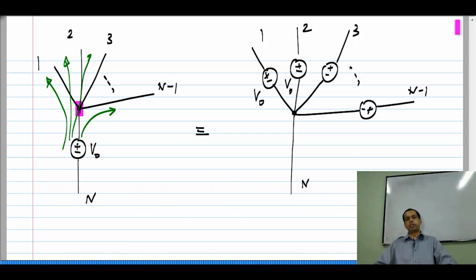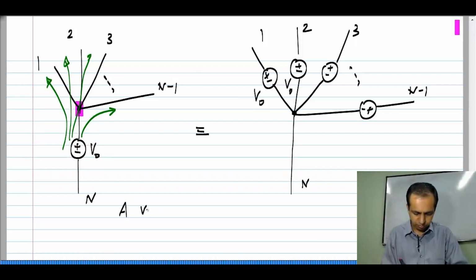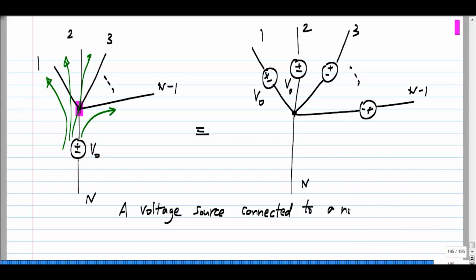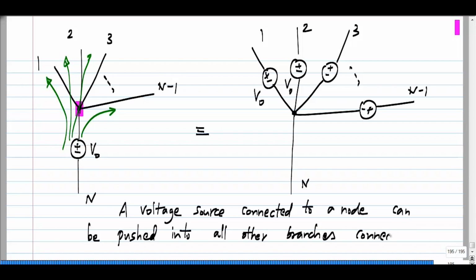If you have a node with a number of branches connected to it, and one of the branches has a voltage source, that voltage source can be pushed through the node into all the other branches. A voltage source connected to a node can be pushed into all other branches connected to that node.